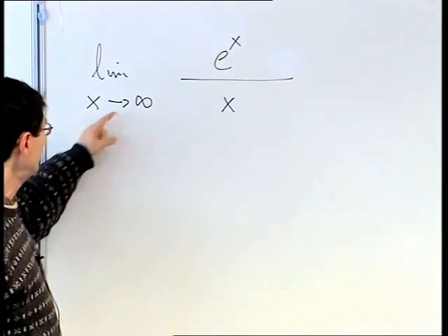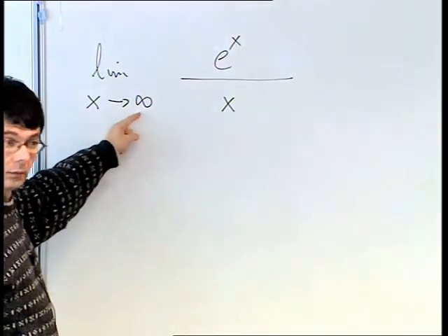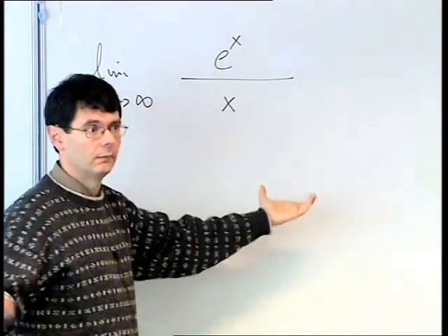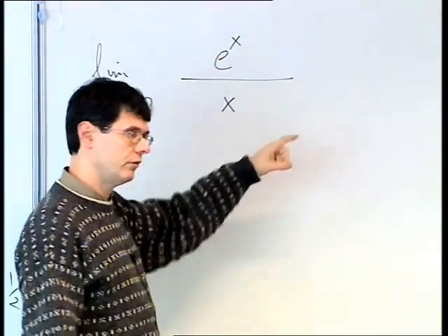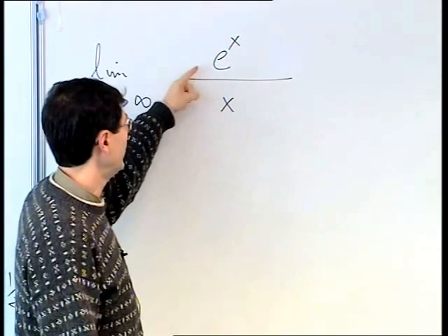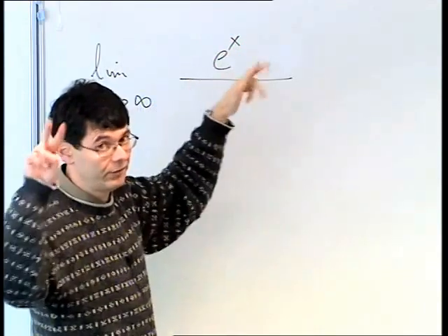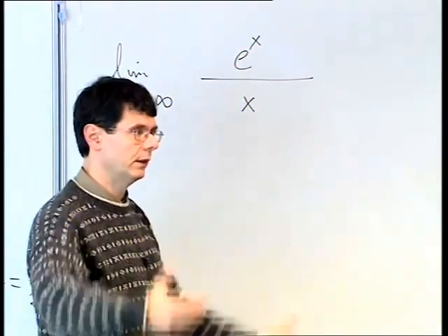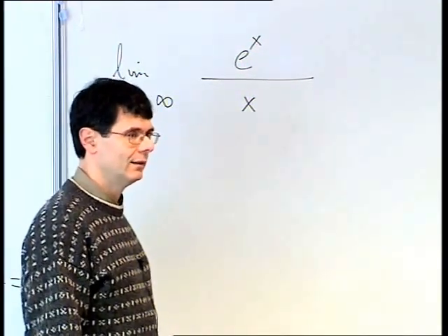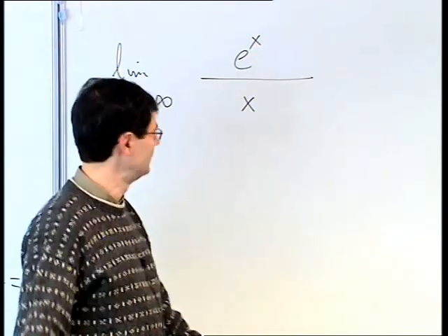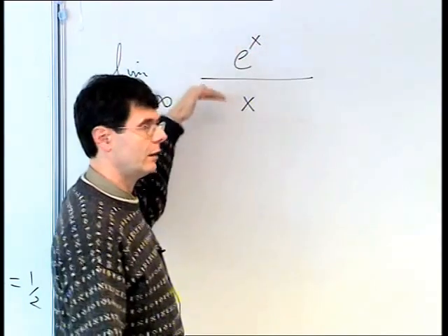When x is going to infinity, the denominator x is going to infinity. The numerator goes to e to the power infinity. That's even more infinite, if you will. Even more infinite. But it is infinity divided by infinity.